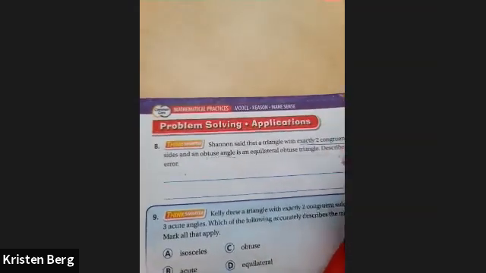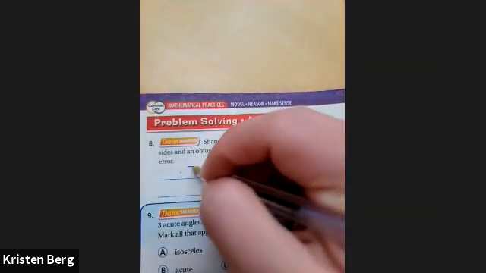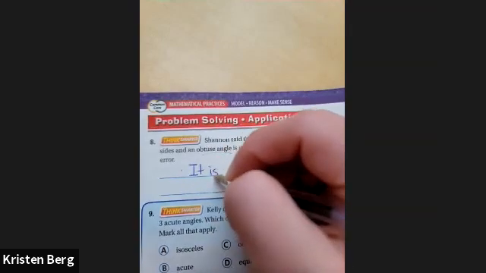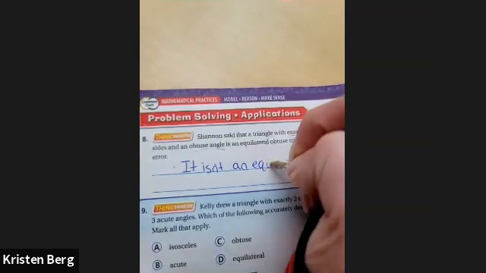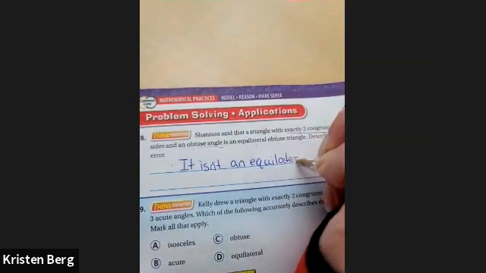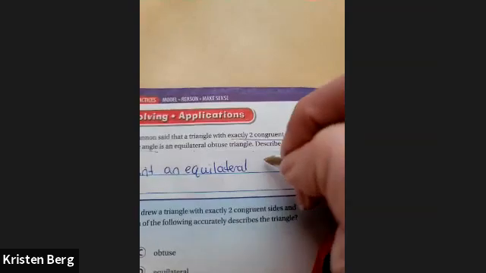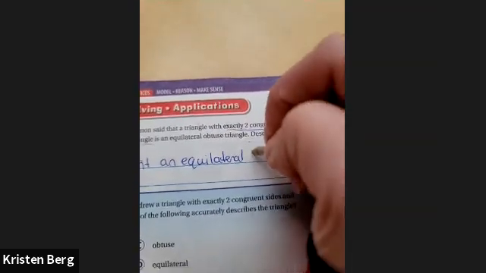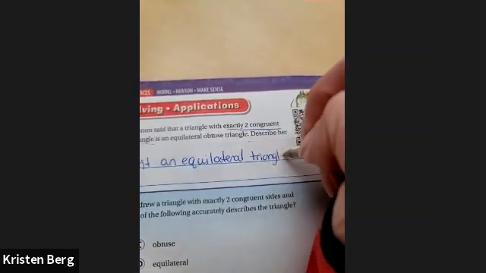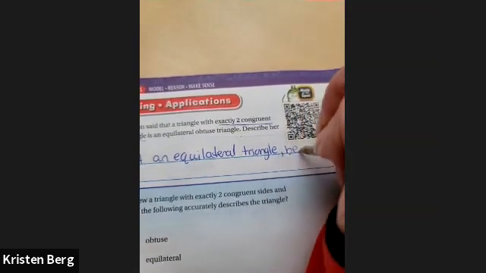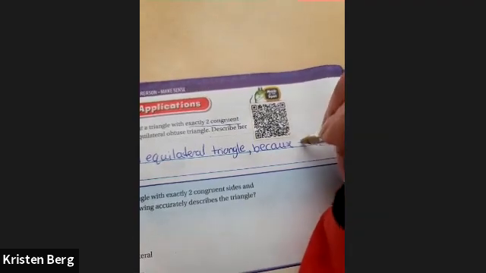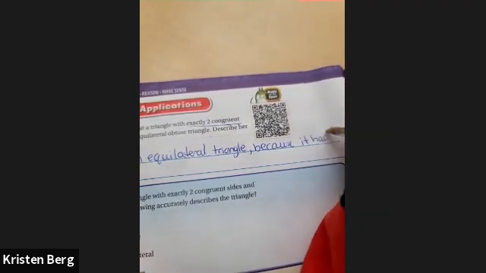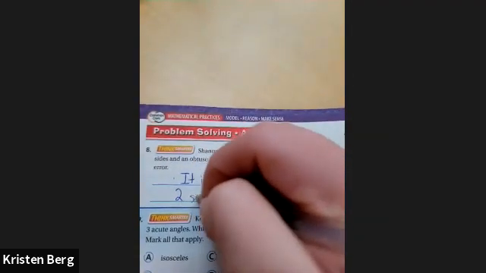So the error was, it isn't an equilateral triangle because it had only two sides that are the same.